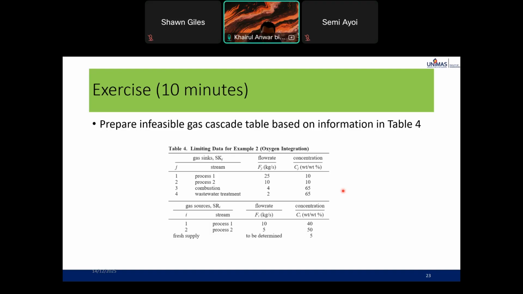So you do it with FF equal to 0, fresh feed 0 per second. So the highest negative is 50. So for the GCT, including WCA, water cascade table and gas cascade table, both require two tables.